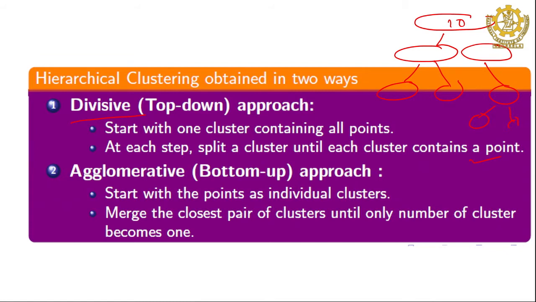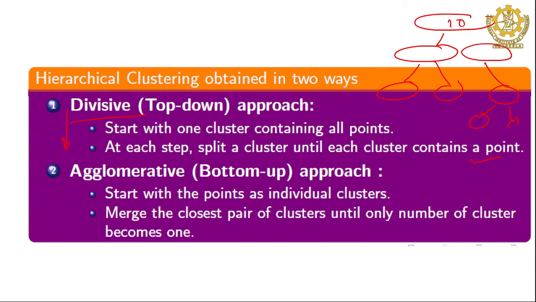So, this is called the divisive approach. We talked about a k-means variant, that is bisecting k-means. Bisecting k-means is a typical example of the divisive approach. You start with a big cluster and then divide into 2, and then at the next level you divide it into 3 and so on.